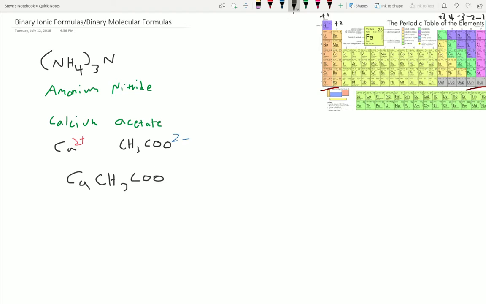Okay, now I will show you how to use this with transition metals. Here we have PbCl4, and FeS.